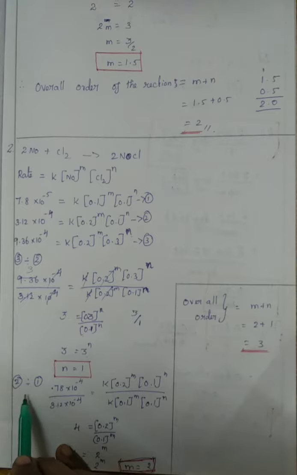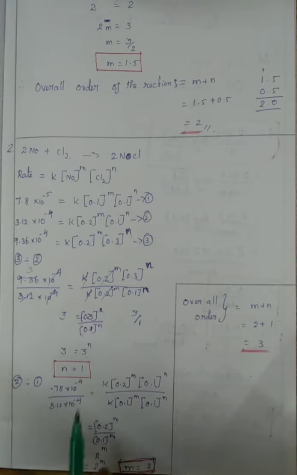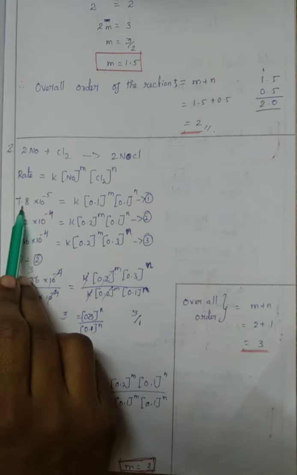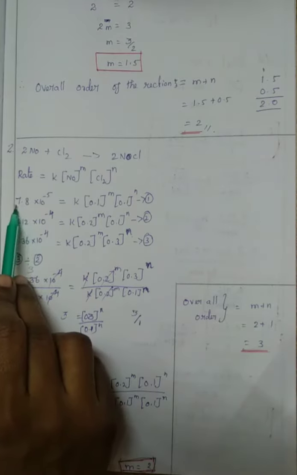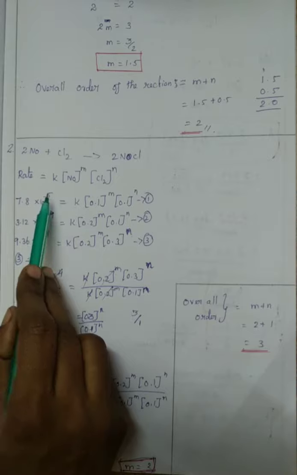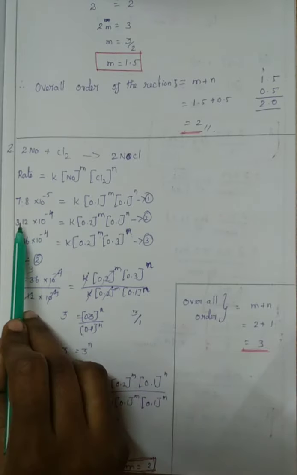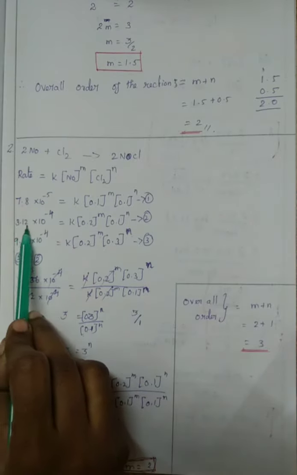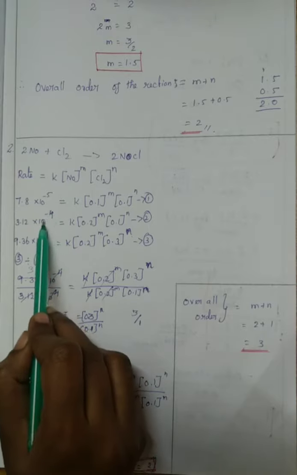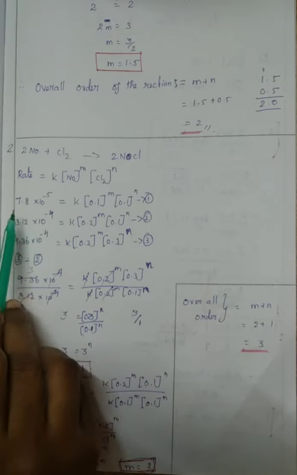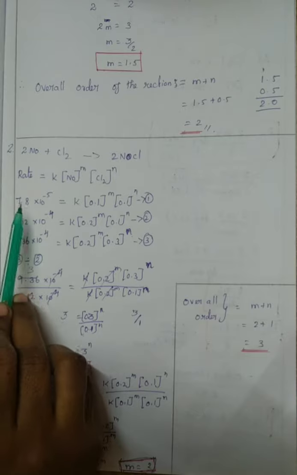To find the value of M, the second equation is going to be divided by the first equation. In the first equation, the rate is 7.8 into 10 power minus 5. In the second equation, the rate is 3.12 into 10 power minus 4. To equalize this 10 power, I am going to adjust this digit in the first equation.